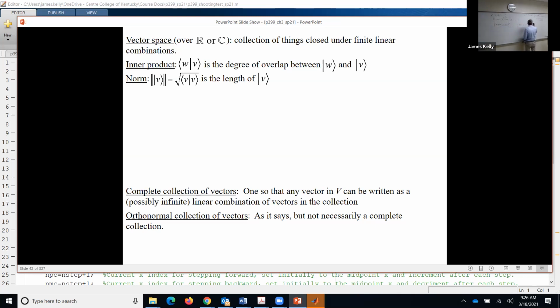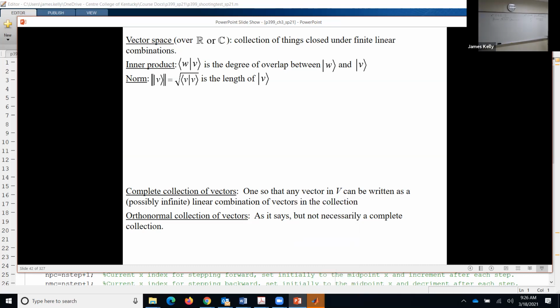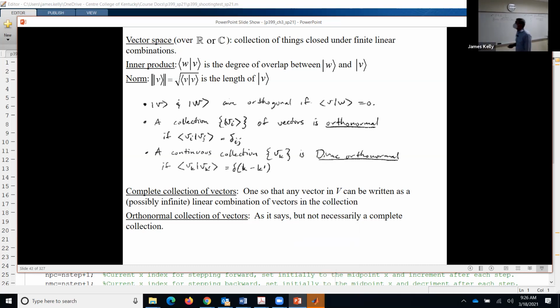So if we have a discrete collection of them, I'm imagining I've got a collection of vectors in some vector space for i equals maybe 1 to infinity or from 1 to 7 or something like that.